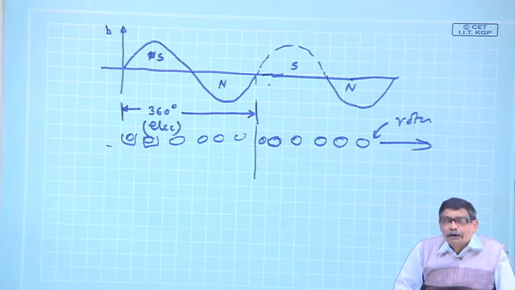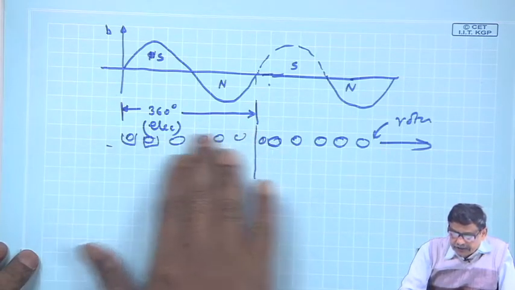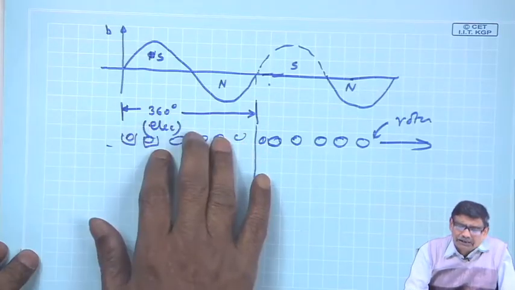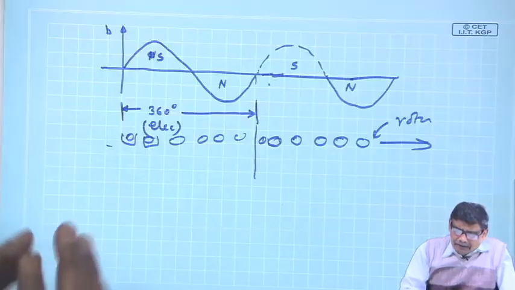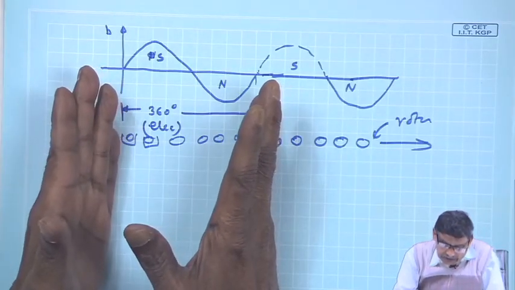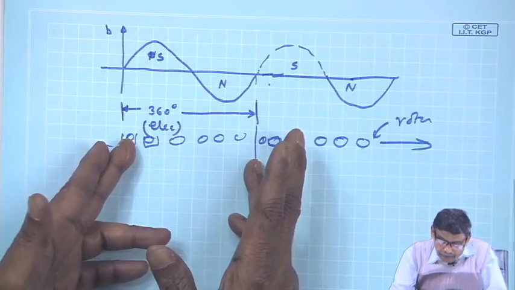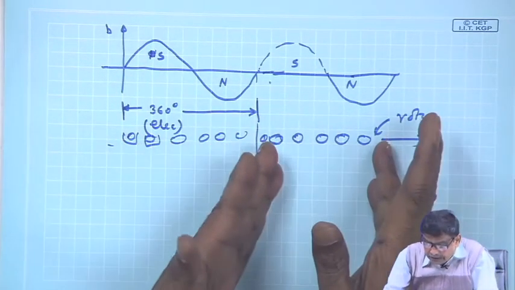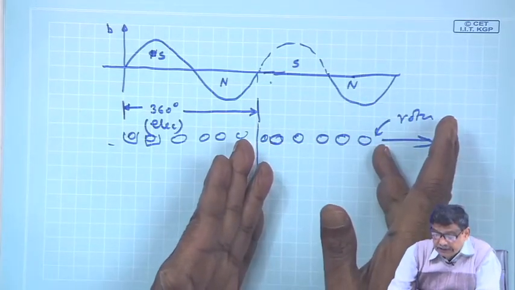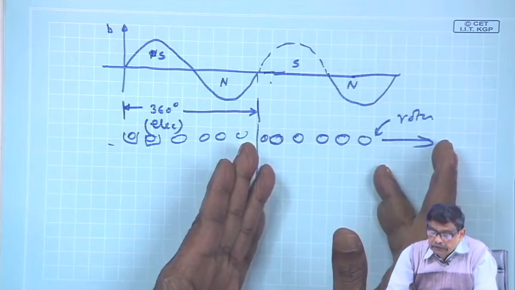Whatever is happening now at a given time, so far as current distribution in the conductors, voltage induced in the conductors, their polarities, whatever is happening to this set of conductors which are under this pair of poles, identical things will be there in these conductors as well, which are underneath the second pair of poles.